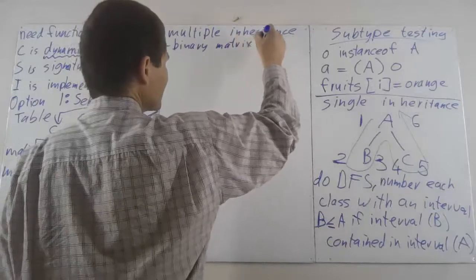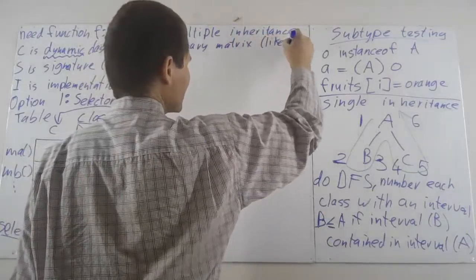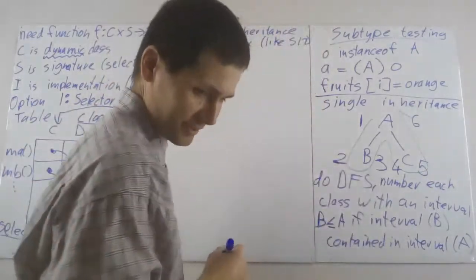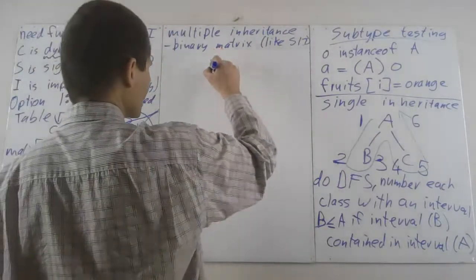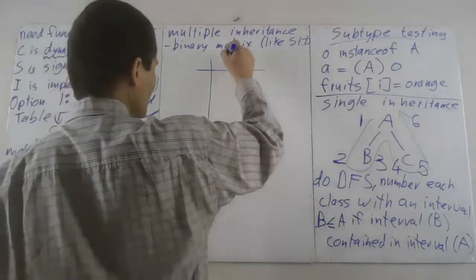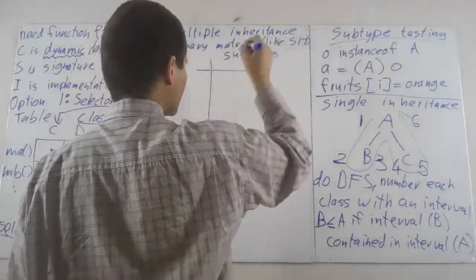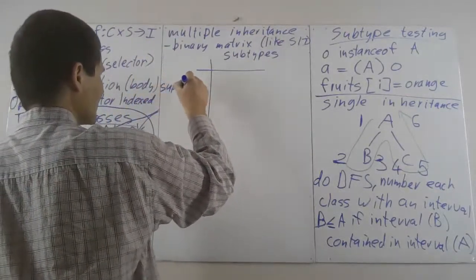And really, it looks a lot like the selector index table, right? And so that's why I left the selector index table on here. So I just create a table with the subtypes and the potential supertypes.